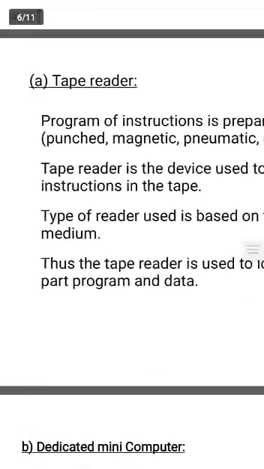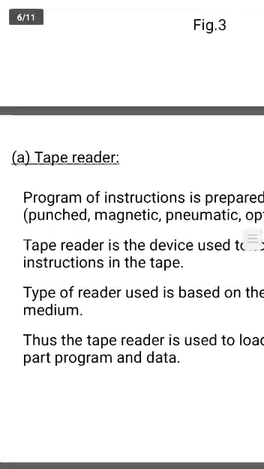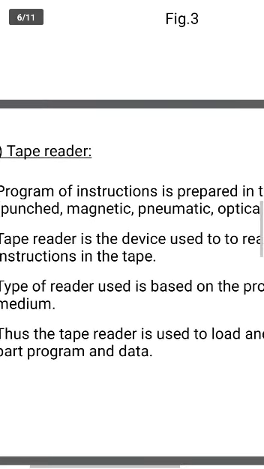First, what is the tape reader? The function of the tape reader is to input the part program into the system. In CNC, the program is entered once and then stored in the computer. If we enter the program in one sitting with the tape reader, afterwards all the data is stored in computer memory.